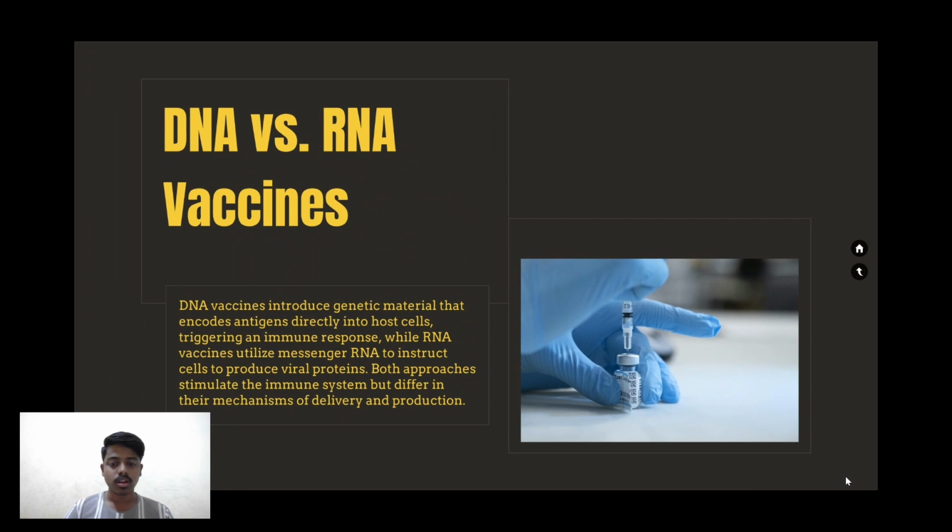While RNA vaccines utilize messenger RNA to instruct cells to produce viral proteins. Both approaches stimulate the immune system but differ in their mechanisms of delivery and production.